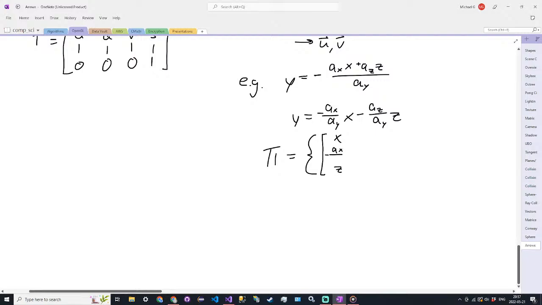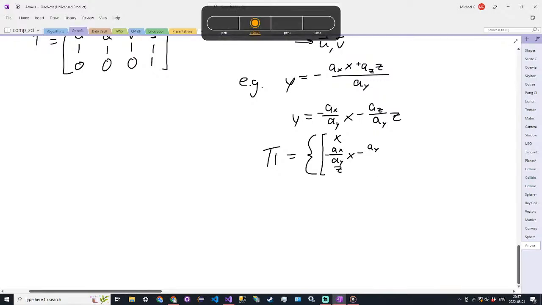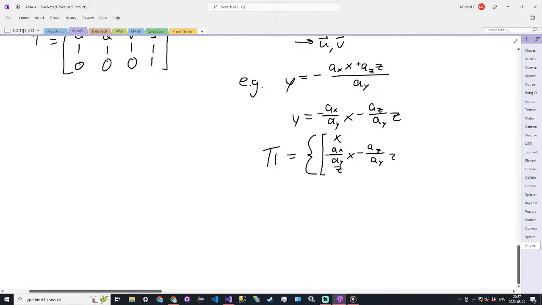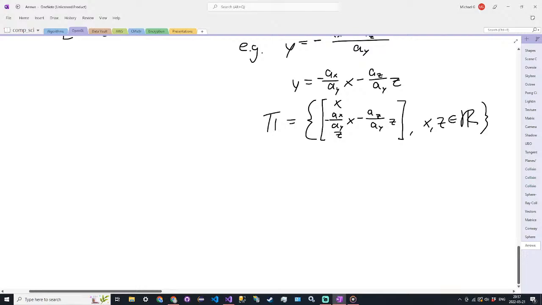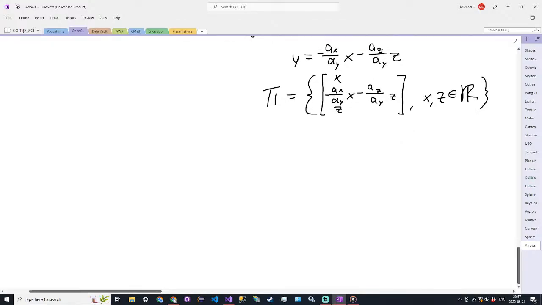So minus AX over AY times X minus AZ over AY times Z. And this then assumes that X and Z are in the set of all real numbers. But what is this? This is a linear combination of two vectors. So all the points in the plane have this form.